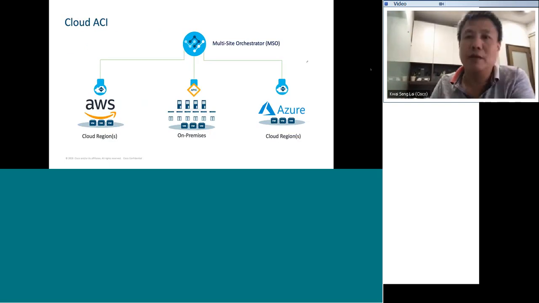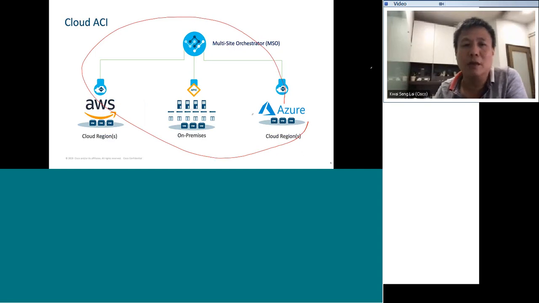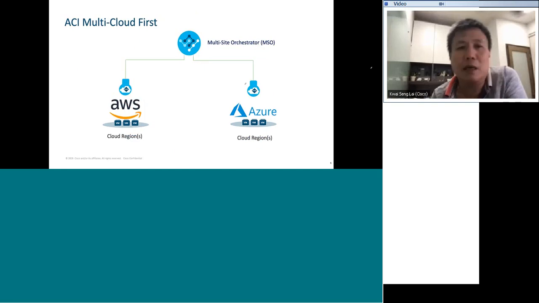So in terms of the implementation mode, all right? So this is one of the common deployments that we see in many customers. So in fact, in the lab today, this is what in the demo we'll show you, right? So for some customers, it can be a cloud first only. That means I want to implement ACI capability, but I don't have any on-prem data center. It can be done. Multi-site orchestrator itself can be implemented on AWS.